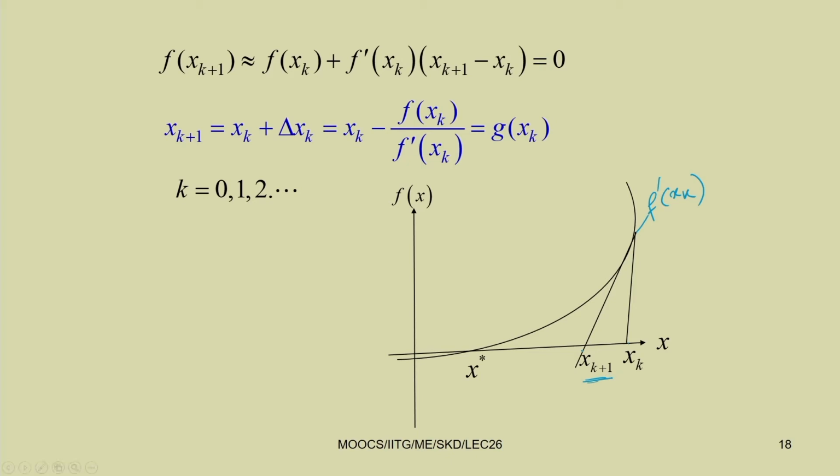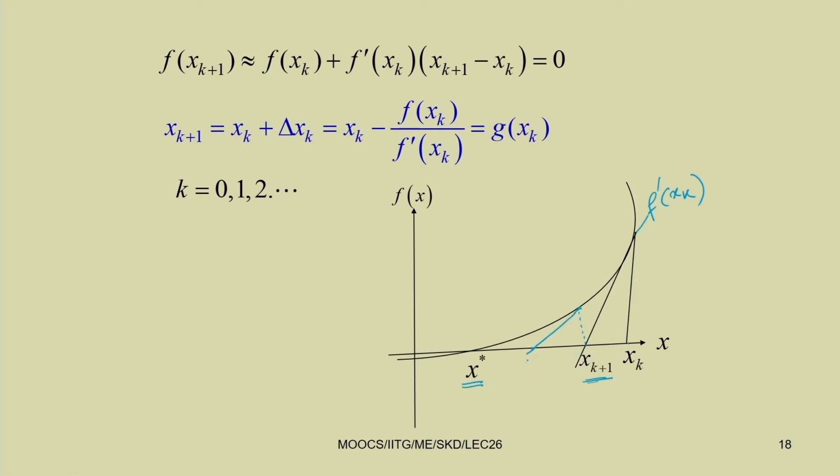So, now we got the next point. You just see our root is x*, but starting from xk we got this xk+1. Now, at xk+1 what can we do? This is the functional value, so here again we will draw a tangent. You just see this tangent is cutting this line here.